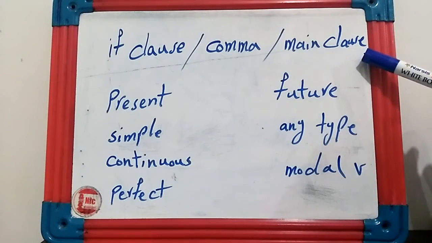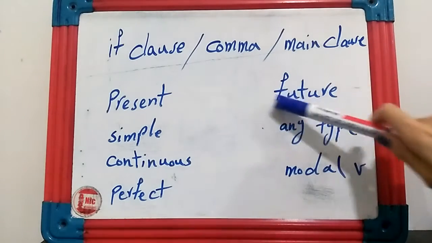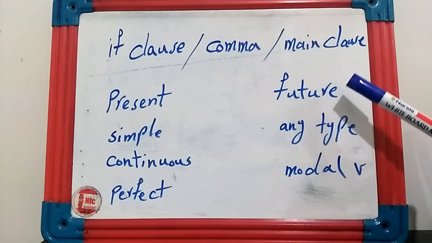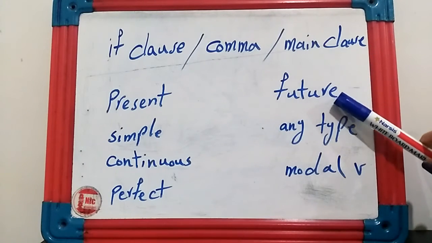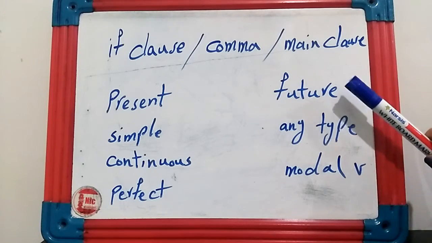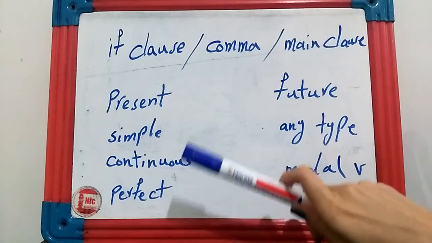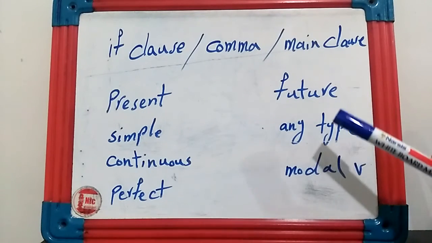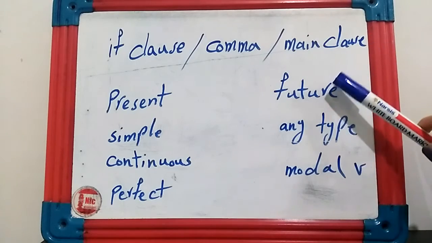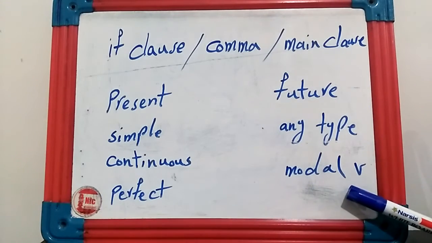Main clause. The verb in main clause has to be future. فعلی که توی عبارت اصلی استفاده میکنیم باید زمانش زمان آینده باشه. Future. حالا مثل present حتما نباید simple, continuous یا perfect باشه. Any type. Any type plus modal verb.